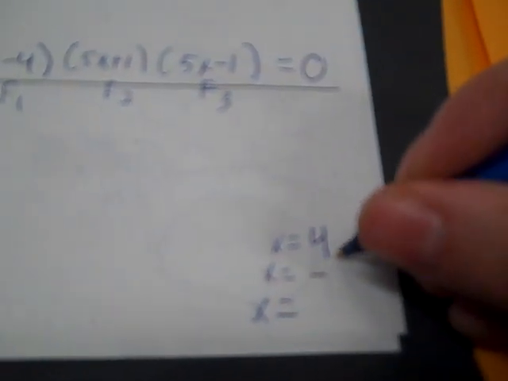Minus 1, I get negative 1. Divide by 5. Now I can leave that as a fraction because I don't have to worry about the second power. But you can divide if you want. So it'd be either negative 0.2 or negative 1/5. Either one's okay. This one here would be just positive 1/5 or positive 0.2.